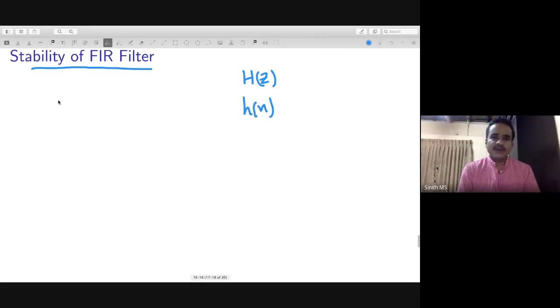If your h[n] is given, you can find whether it is BIBO stable, bounded input bounded output stable, by finding the sum of h[n] over the whole support, from minus infinity to infinity. If this is a finite value, you can tell that the system is stable.